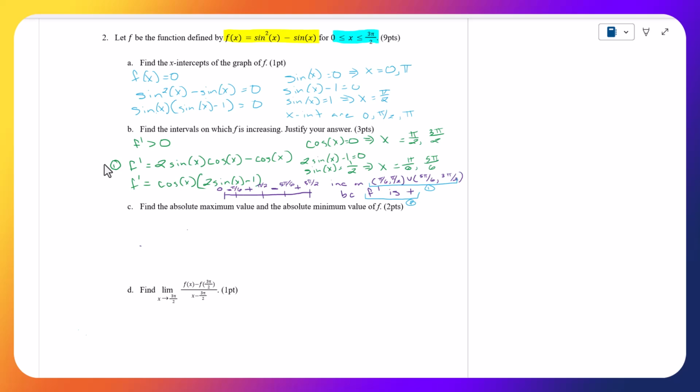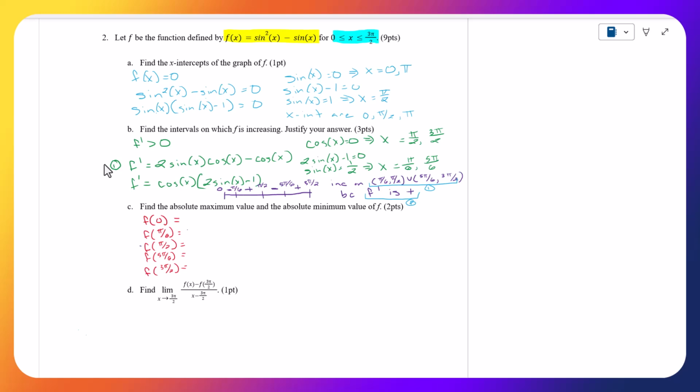So we need to evaluate f of 0, f of pi over 6, f of pi over 2, f of 5 pi over 6, and f of 3 pi over 2. So we need to evaluate all those things.